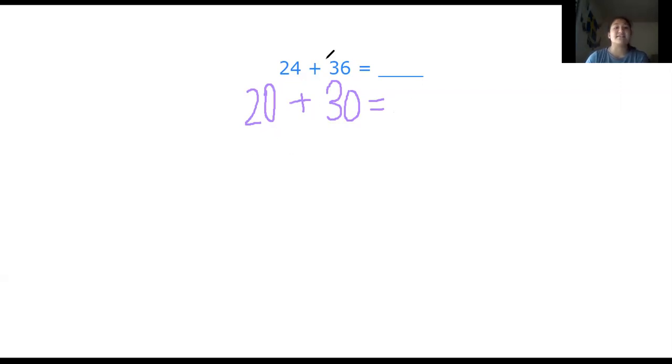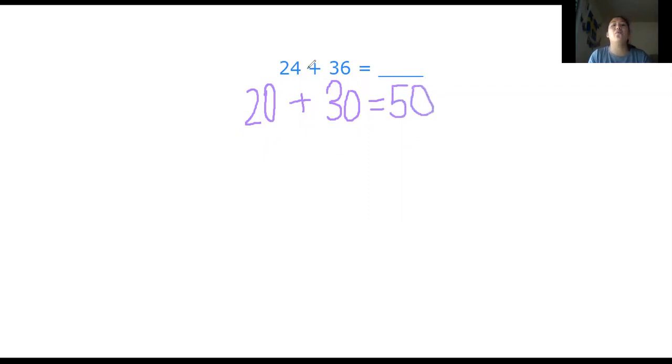It sounds like this. 2 tens plus 3 tens is equal to, 2 plus 3 is equal to 5. So 2 tens plus 3 tens must be equal to 5 tens. 5 tens is equal to 50.